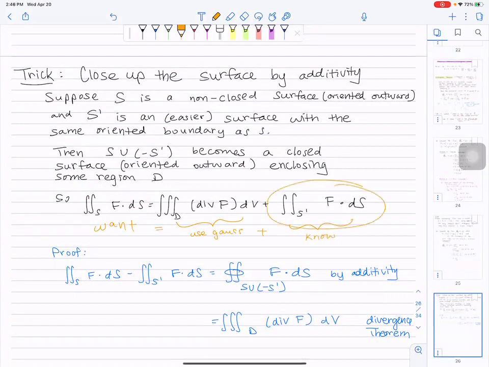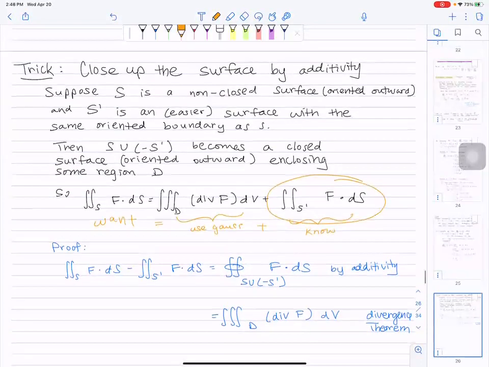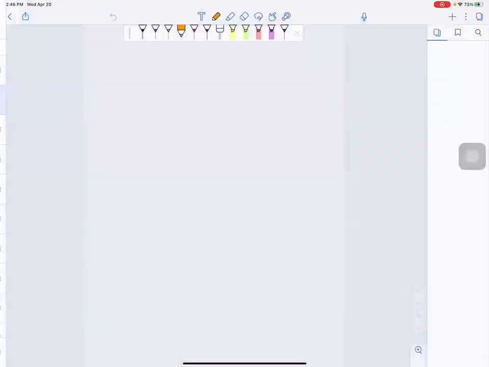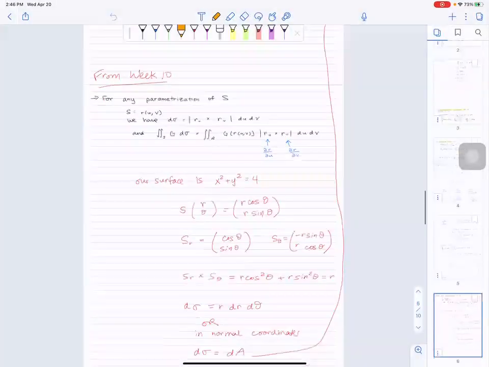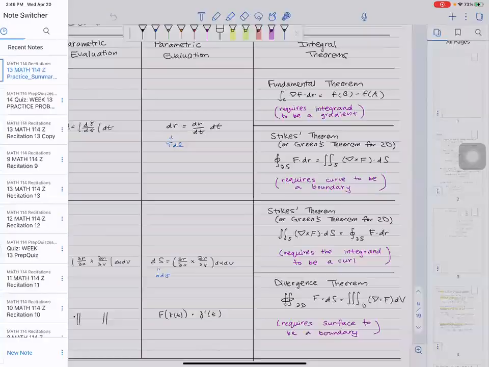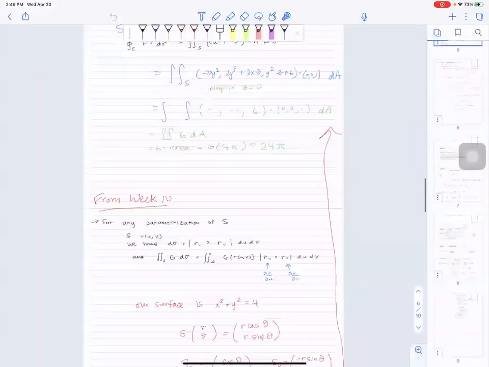And how do we compute something like F dot dS? Well, F dot dS, according to the chart... Okay, wait, it's still using the divergence theorem, perhaps.